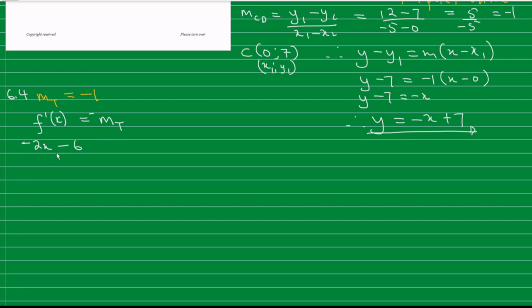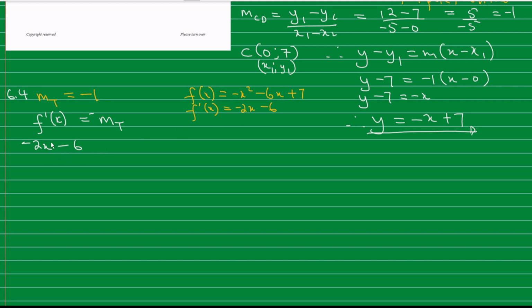Remember that our f(x) is given as negative x squared minus 6x plus 7. So the derivative of that is negative 2 times 1, which is negative 2x, and then 1 times negative 6. Just to refresh on derivatives. So that is the derivative.